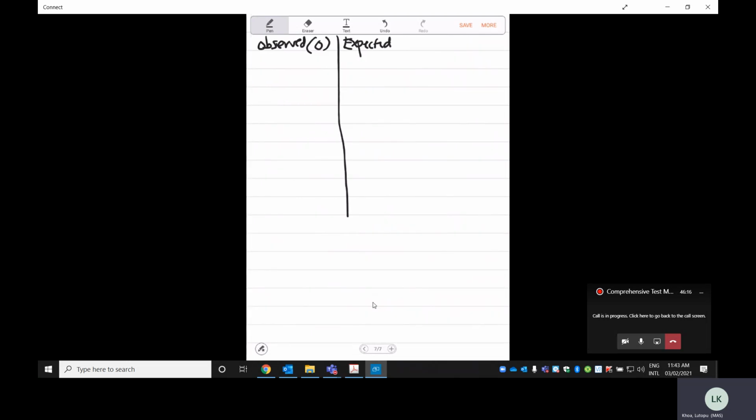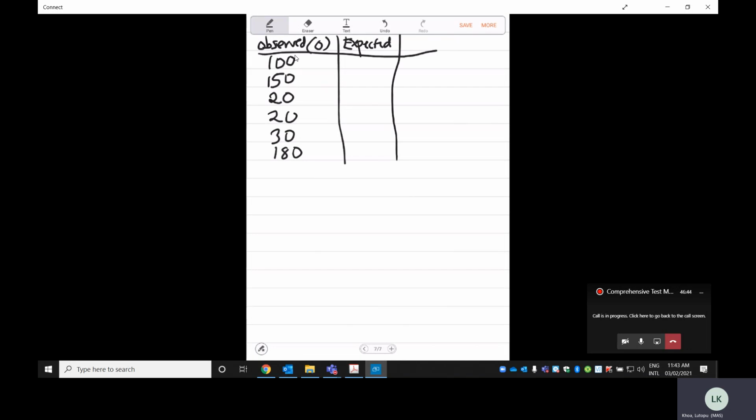So now I can work this out. I'm going across the row first. I start with the observed values of the boys: 100, 150, 200, and then the observed for the girls: 20, 30, and 180. Then we look at the expected values.